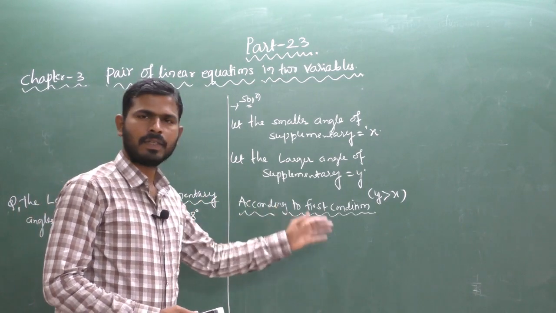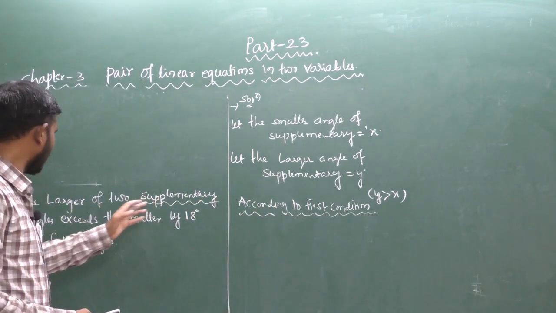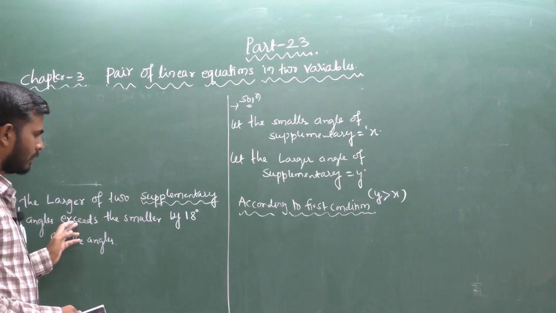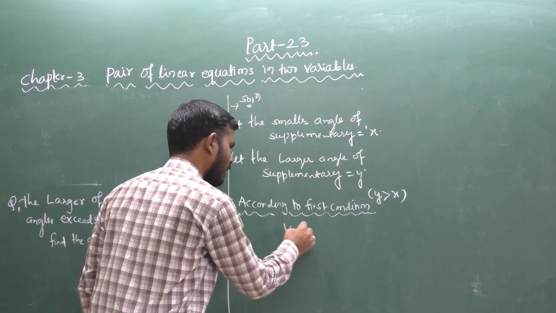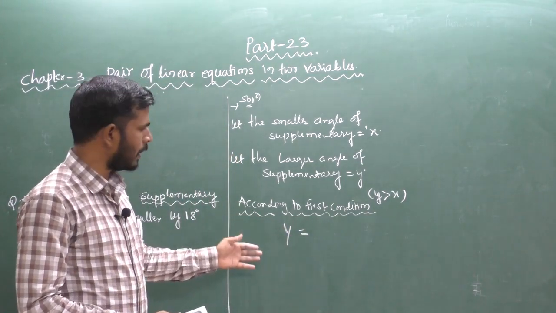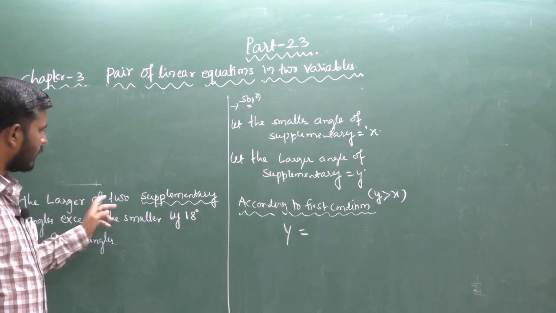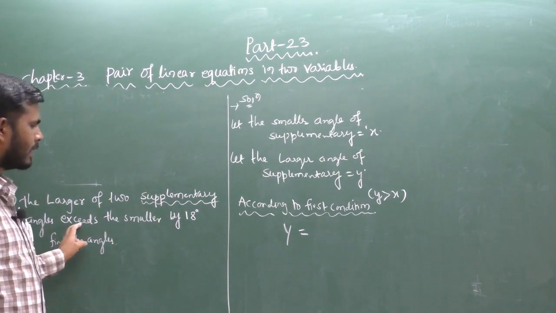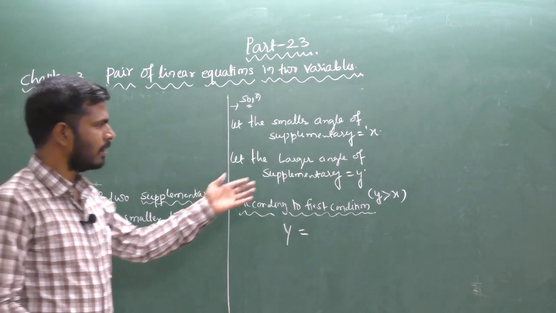So according to the first condition given here: the larger of two supplementary angles exceeds the smaller. The larger angle is y degree, compared to the smaller angle x. Exceed means plus. How much plus? That is 18.